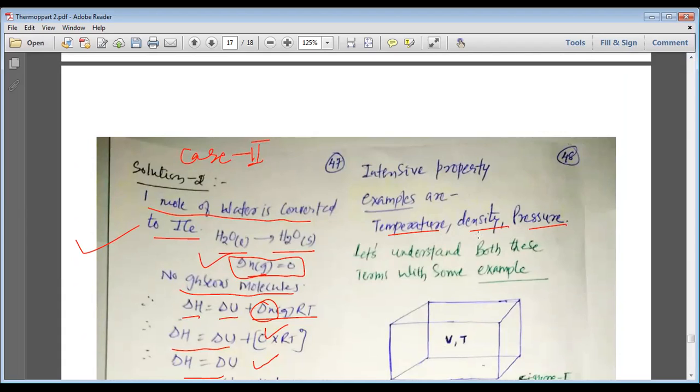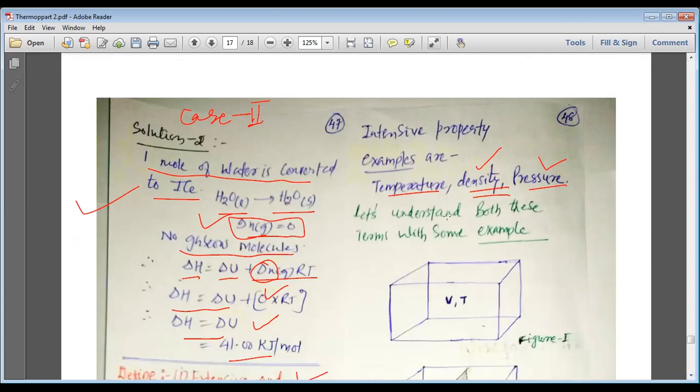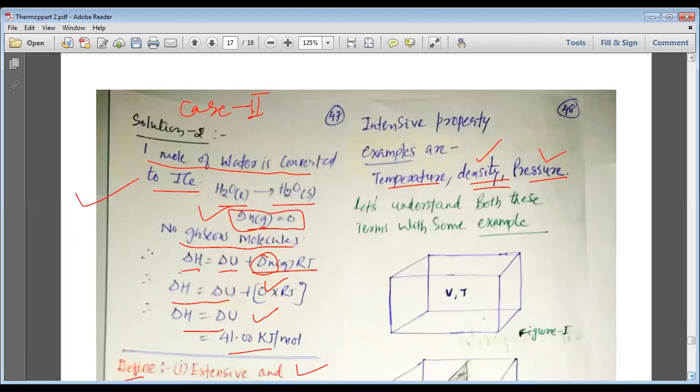The density of water is 1, it is universal, and for any quantity of matter the density of water remains 1. And the pressure exerted by a gas, whether it is 1 kilogram of gas or 10,000 kilogram of gas, remains the same. That is why we call these properties intensive properties. They have intensity, they do not depend upon the matter or size of the system.